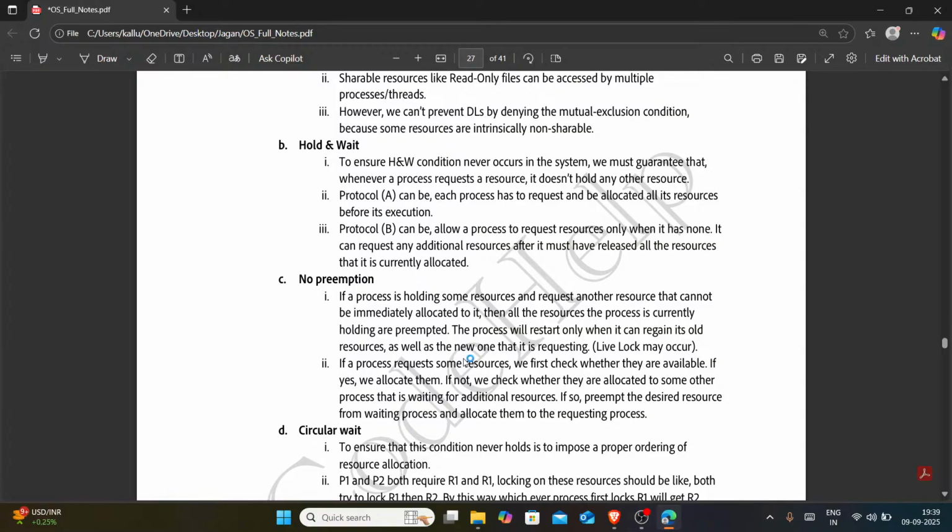If a process is holding some resources and its request cannot be immediately allocated, then all the resources the process is currently holding are preempted. The process will start only when it can regain all resources.